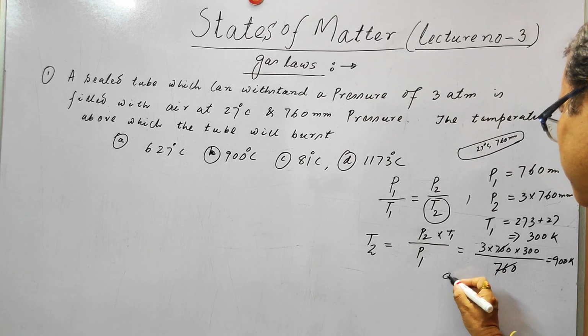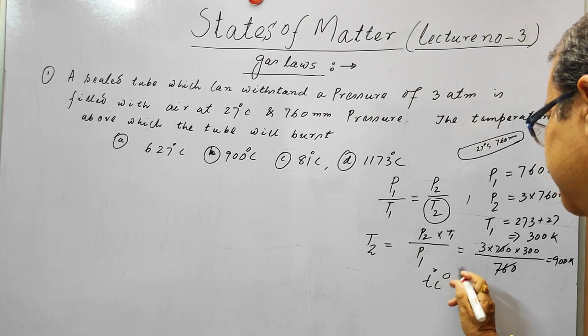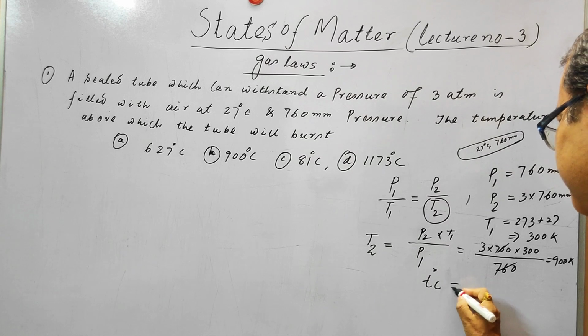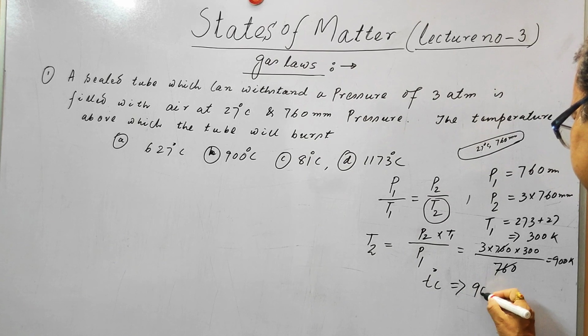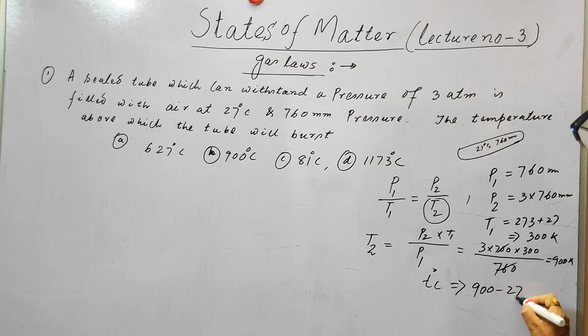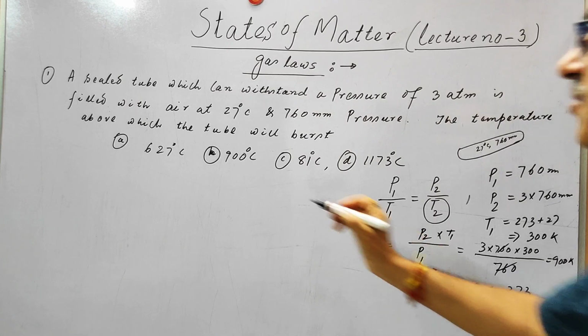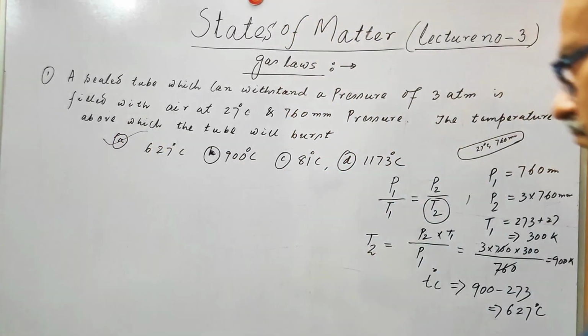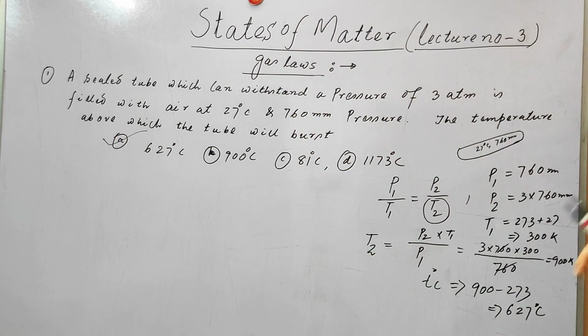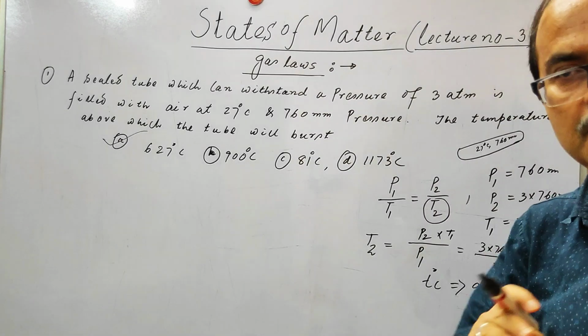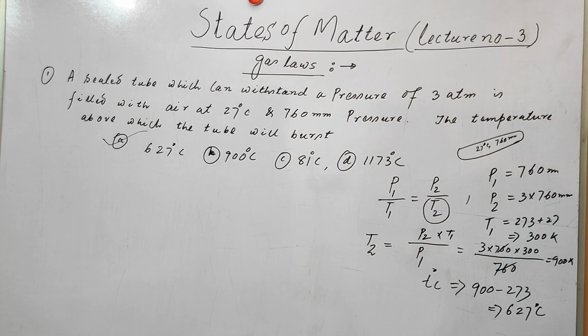So T will be 900 minus 273, and it will be 627 degrees Celsius. So this will be the answer. At 627 degrees Celsius, the tube will burst.